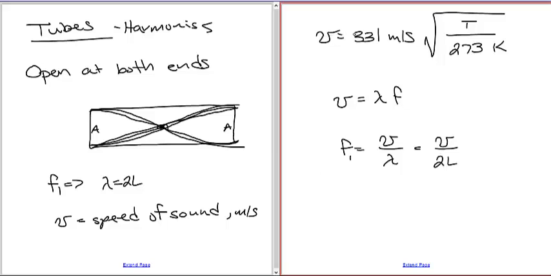It's equal to the speed of sound. So that's how you get the fundamental frequency for a tube open at both ends. And in this case, the second harmonic is 2 times the first harmonic, and the third harmonic is 3 times the first harmonic, etc. So if you calculate the fundamental frequency, you can calculate the harmonics just by multiplying by integers.